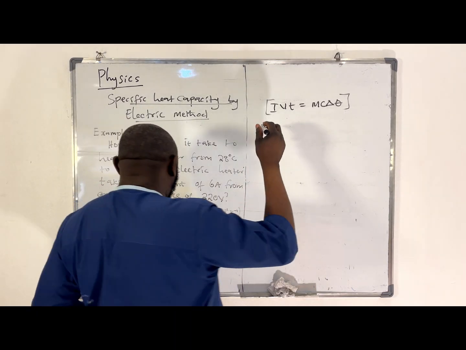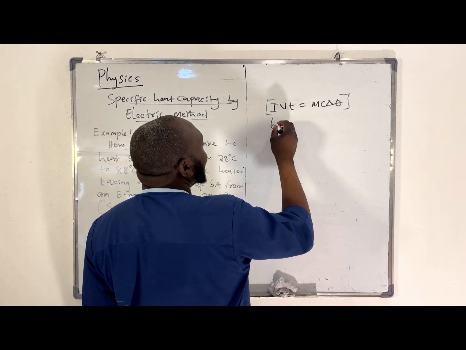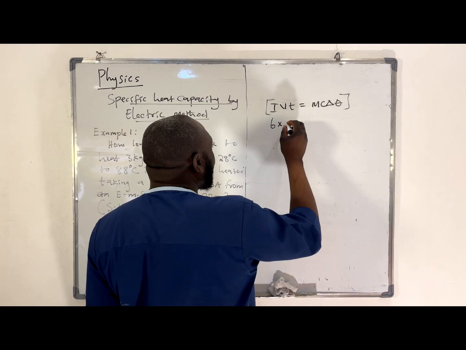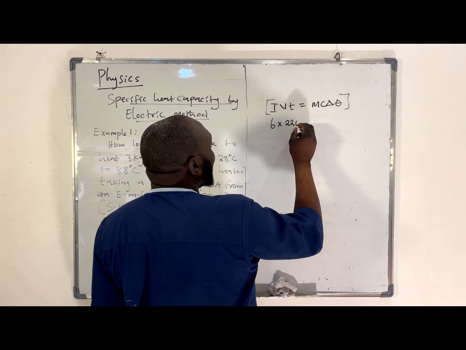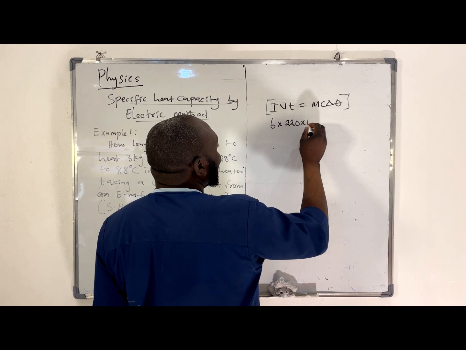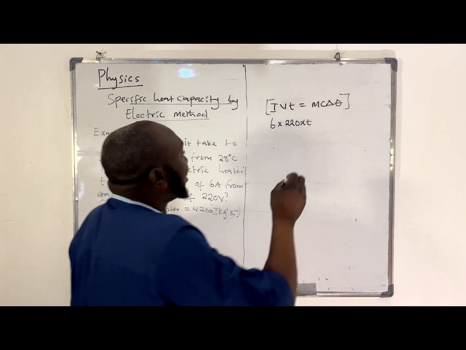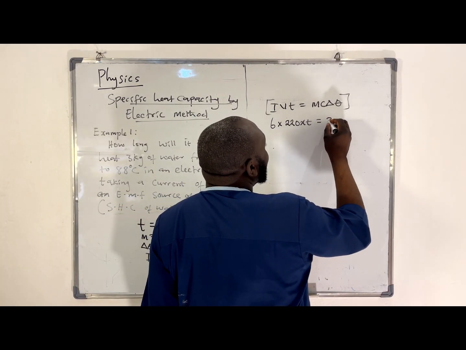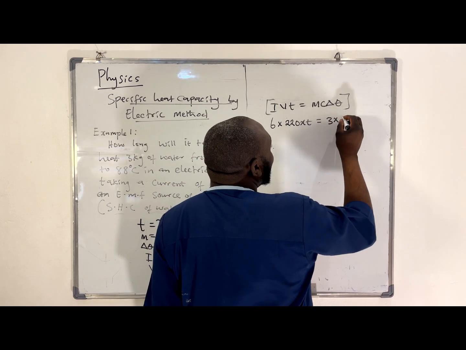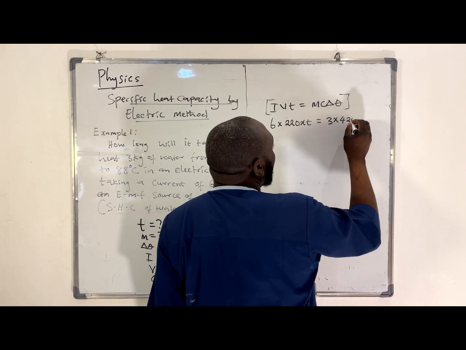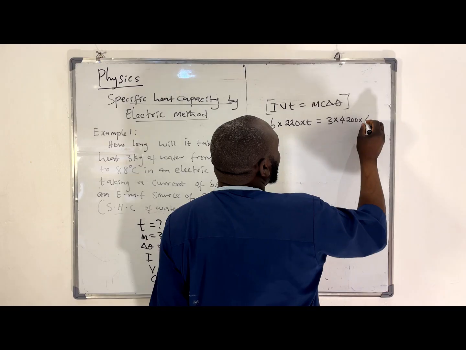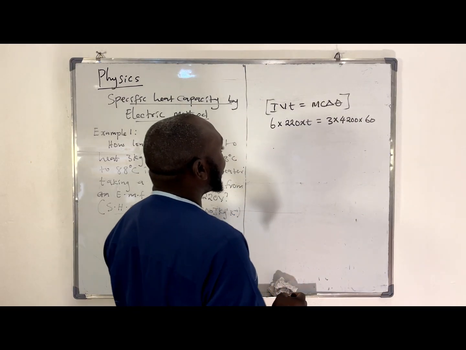Now substitute the given values into this equation. We have the current to be 6 times the voltage 220 times the time T, is equal to the mass, which is 3, the specific heat capacity, which is 4,200, and the change in temperature, which is 60.